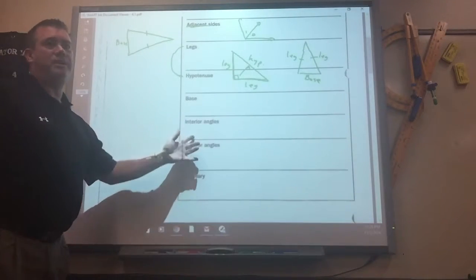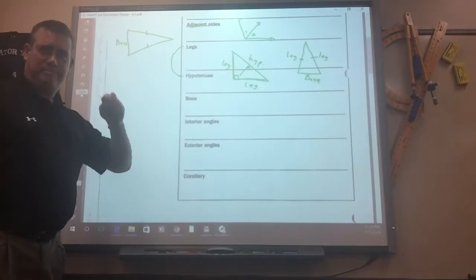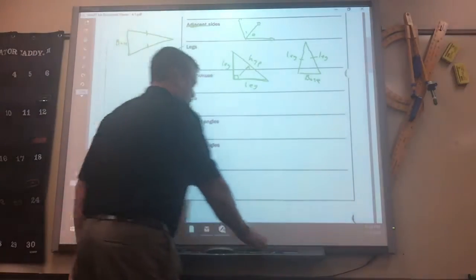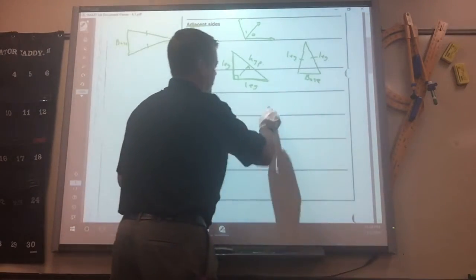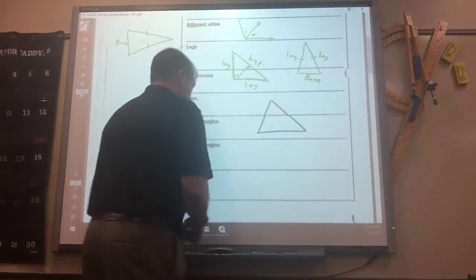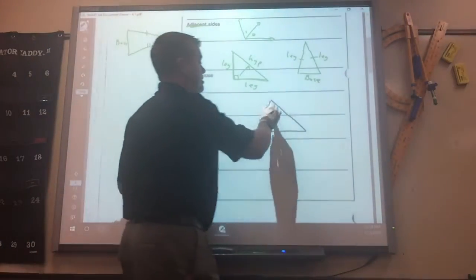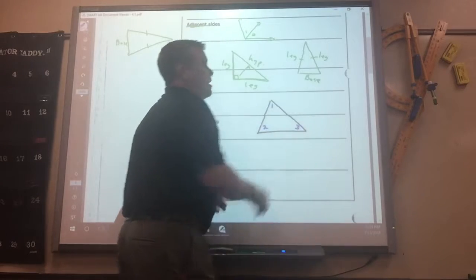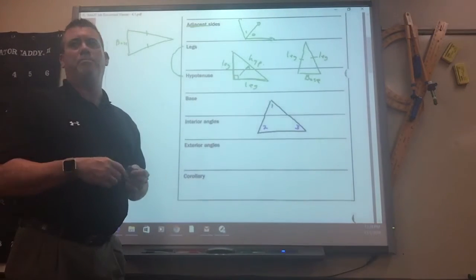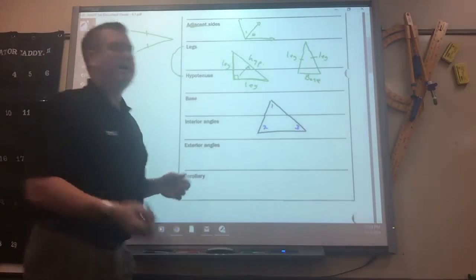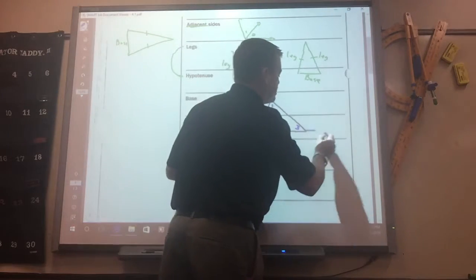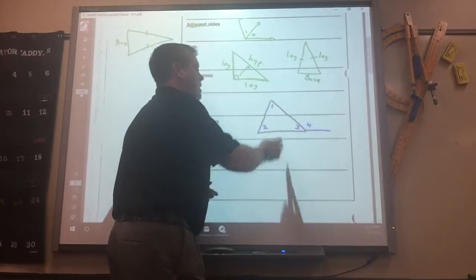Interior angles and exterior angles. Interior in and exterior out. Now when we're doing triangle stuff, there are 3 interior angles. Now the exterior angles are formed by extending the sides. So if you extend it this way, that makes an exterior angle.